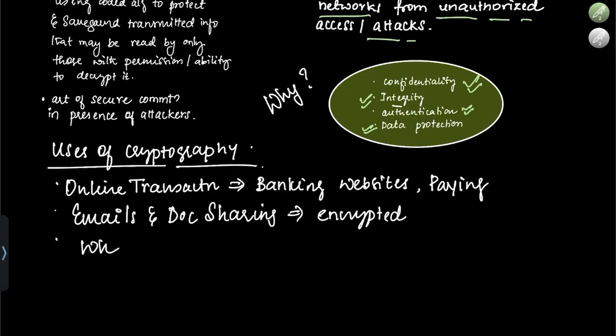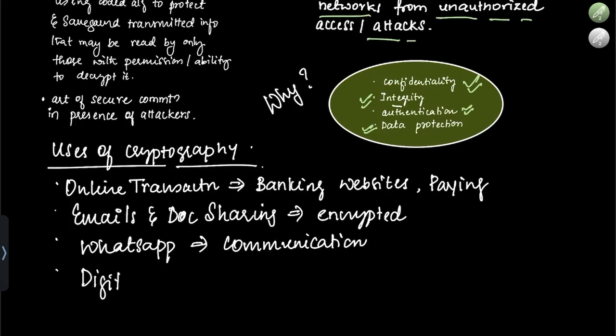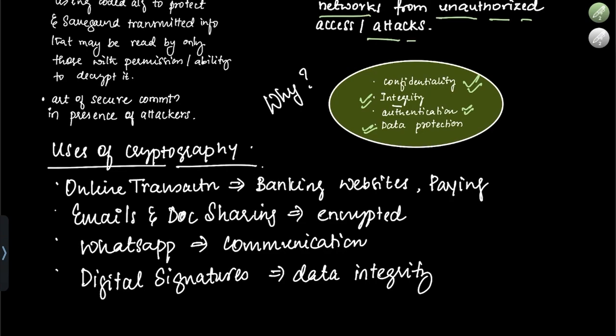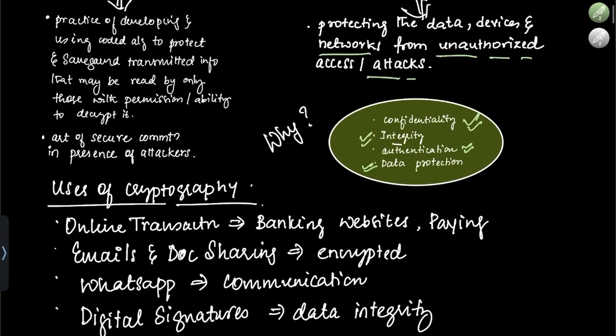Then we have WhatsApp and other chatting or messaging apps, where communication is kept secured. Then we have digital signatures, which ensure the data integrity. And there are many other examples. I've just written down only the ones which came to my mind now. So this was about the uses of cryptography.